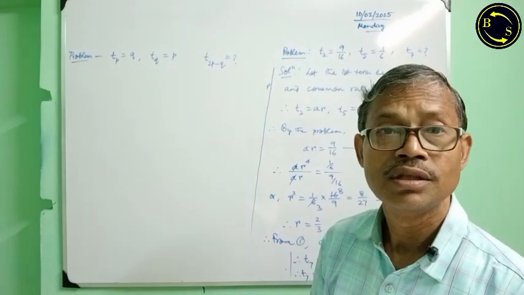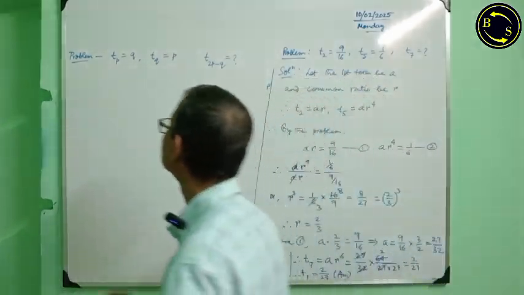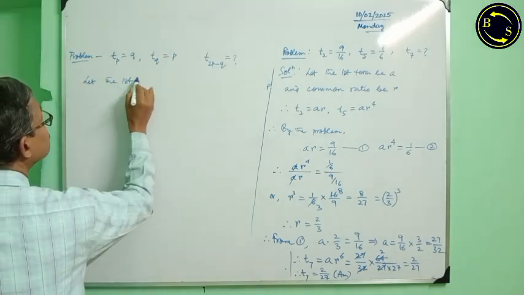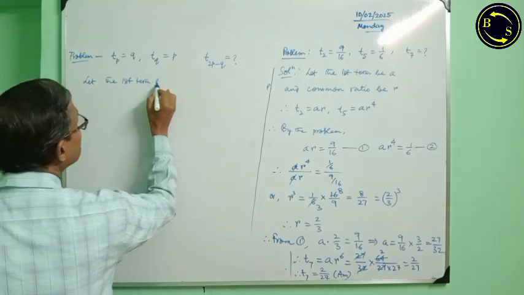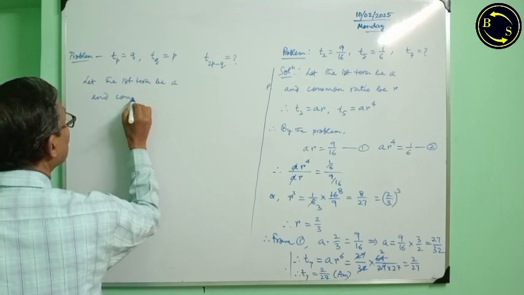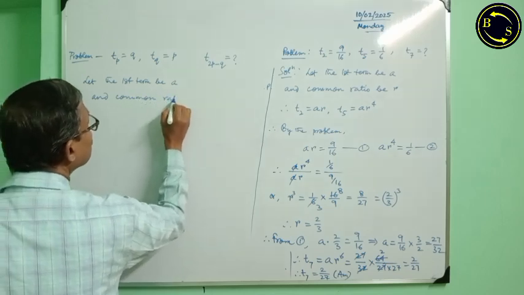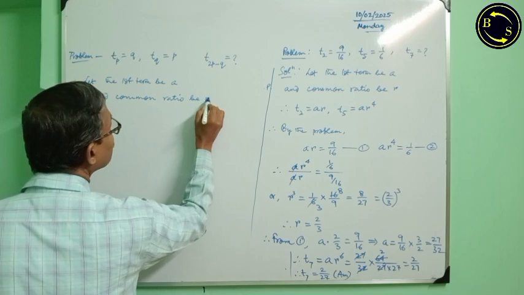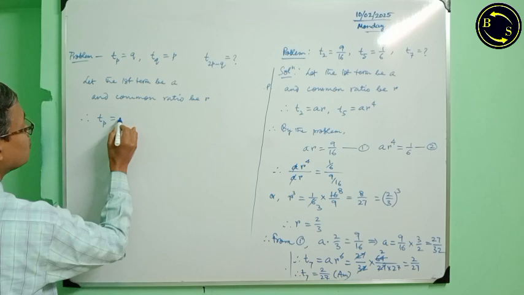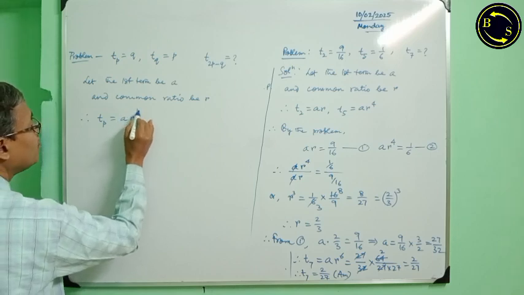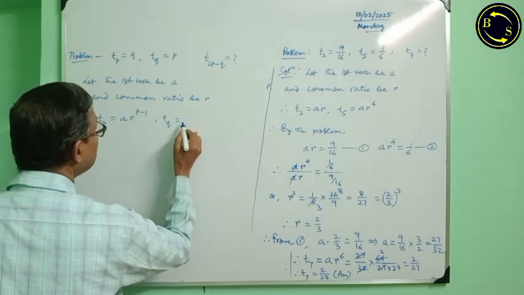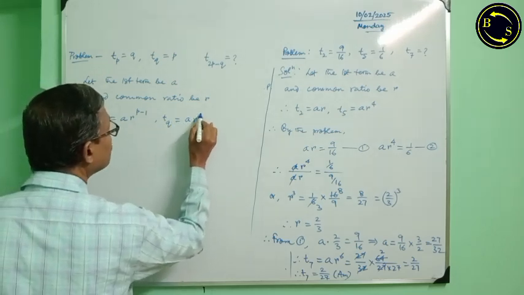We have to start in the same manner. Let the first term be A and common ratio be R. Therefore, Tp is equal to A R to the power P minus 1 and Tq is equal to A R to the power Q minus 1.